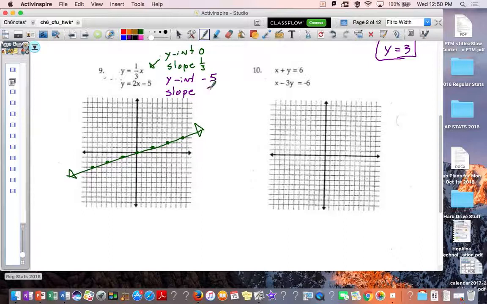Slope is at 2. So -5, 1, 2, 3, 4, 5. Up 2 to the right 1, up 2 to the right 1. There we go. There's our intersection. It's at 3, 1. So x equals 3, y equals 1. Again, I could check. 1/3 times 3 is 1. Beautiful. 2 times 3 is 6 minus 5 is 1.